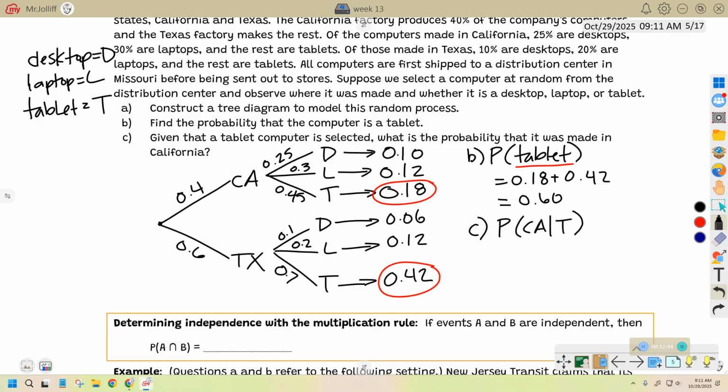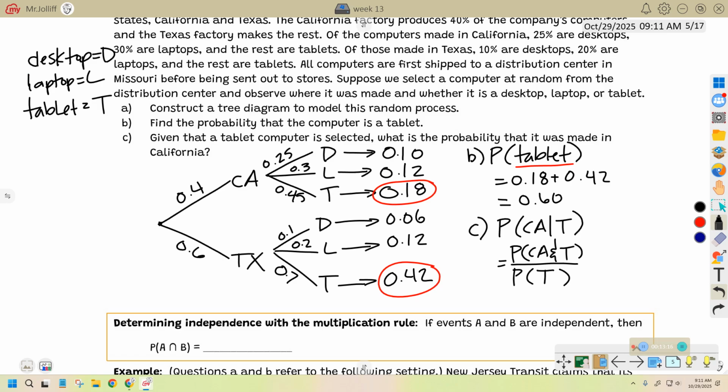How am I going to calculate this? P something over P something. The question is, what goes in those P's? Very good. Probability of both over probability of the condition, which is tablet.